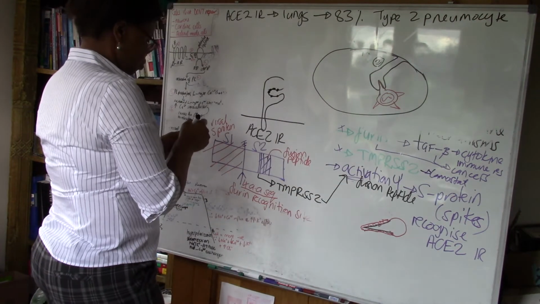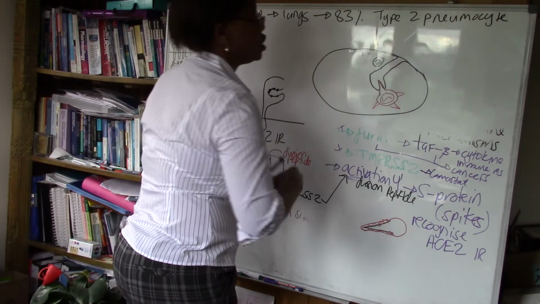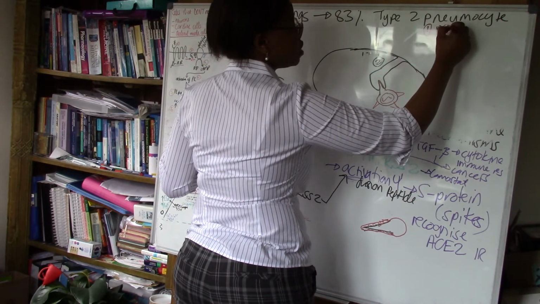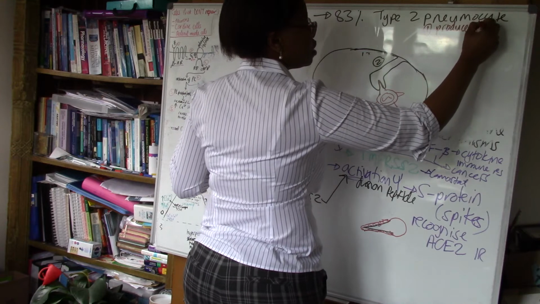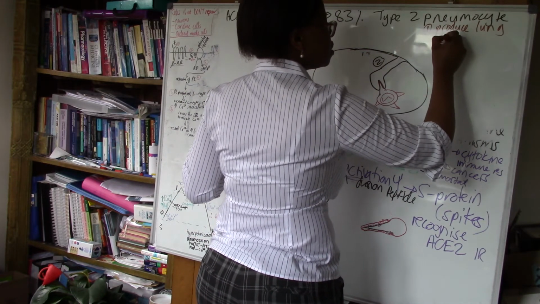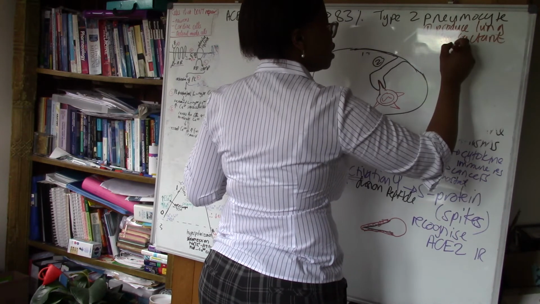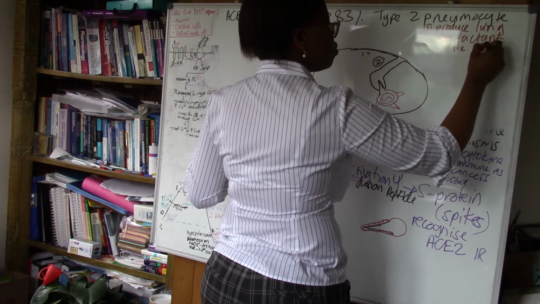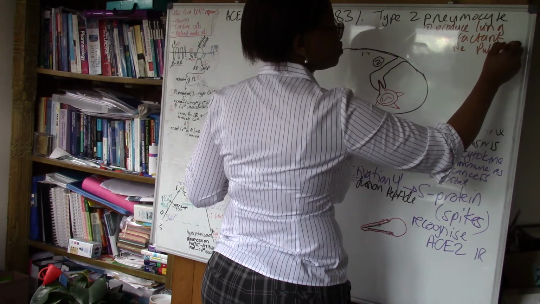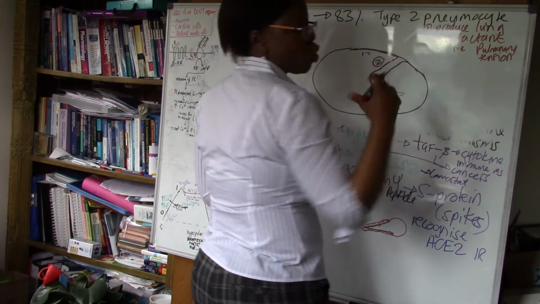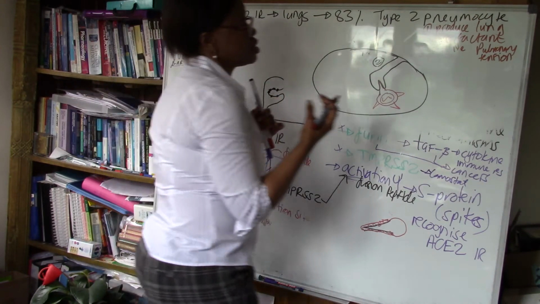And type 2 pneumocytes' function in the human body, number one, is to produce lung surfactant, i.e. to reduce surface tension and stop the alveolus collapsing against itself.